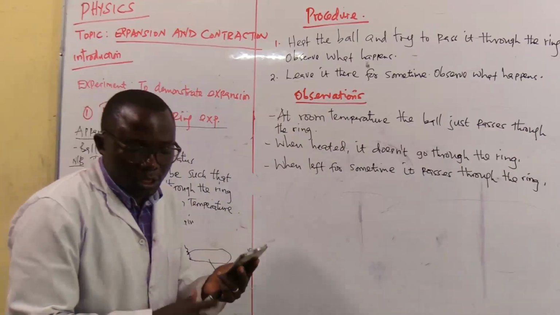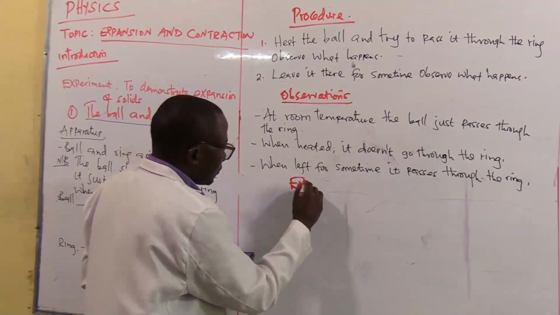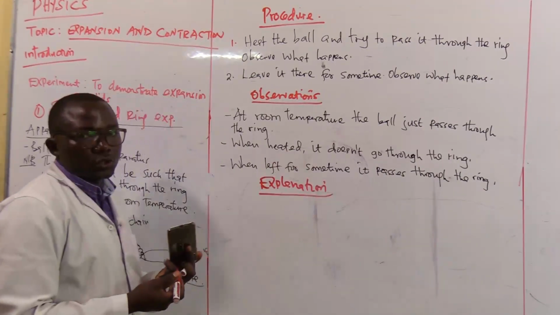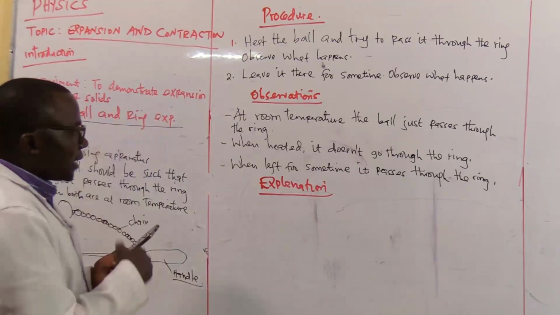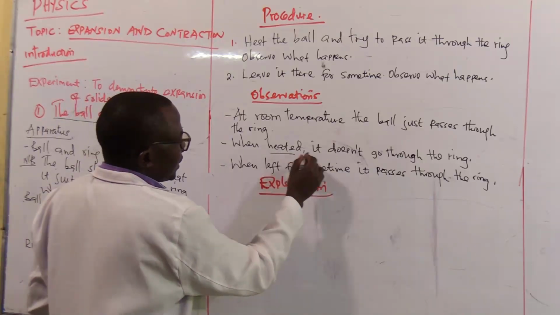What is the explanation? I want us to go through the explanation, and we shall have a conclusion also. Why is it that when you heat it, it doesn't pass?